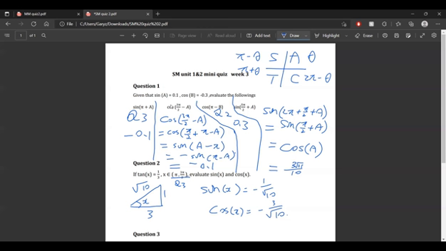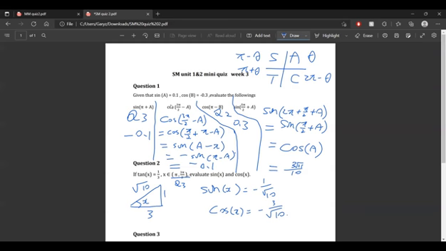Then we can take the negative sign out because sine allows us to do that, and get negative sine of pi minus a, and then that just becomes the second quadrant. So sine is positive in the second quadrant, but there's a negative at the front, therefore it's negative 0.1.